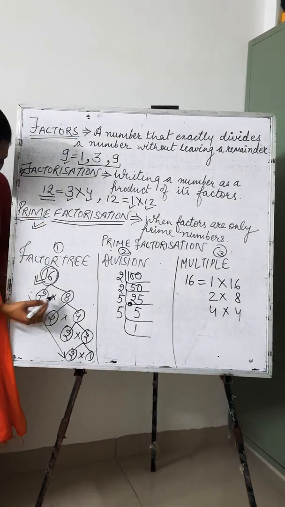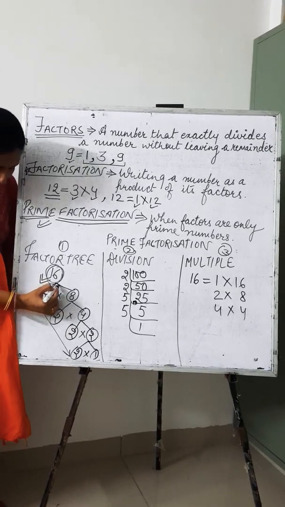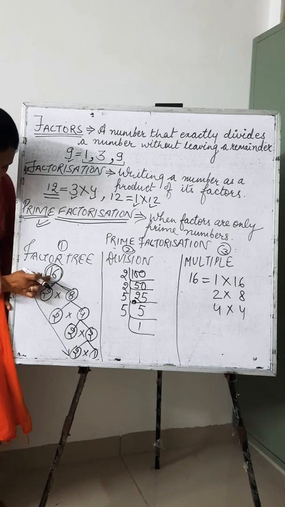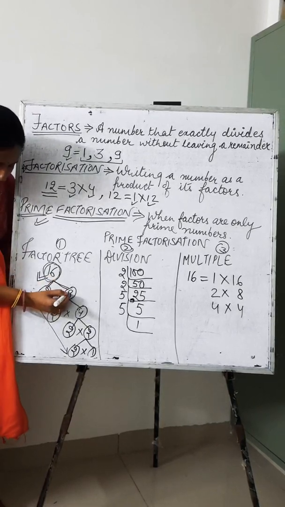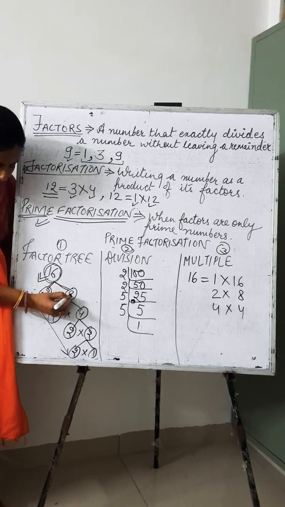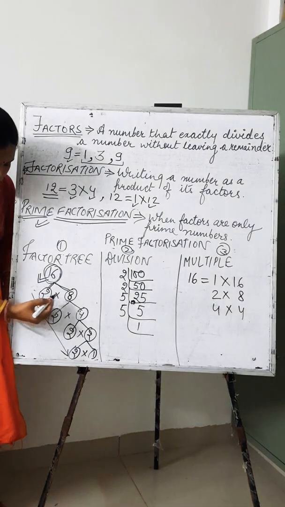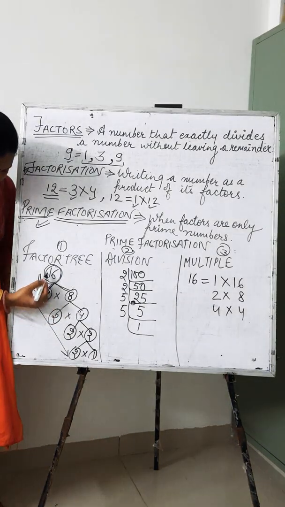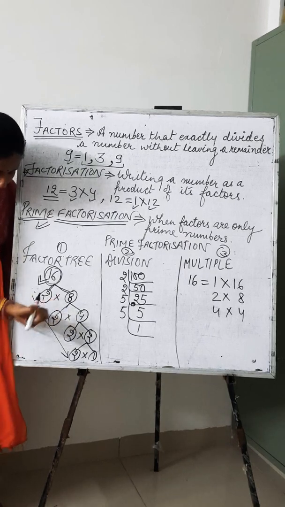So 2 8s are 16. In the factor tree, you have to break the given number into its two factors. So 2 multiplied by 8 is 16. Now break this 8: 2 multiplied by 4 is 8.